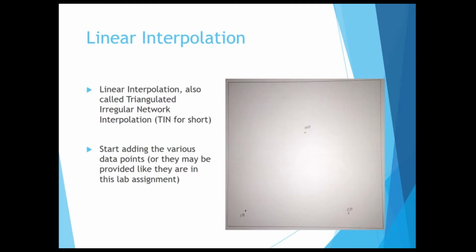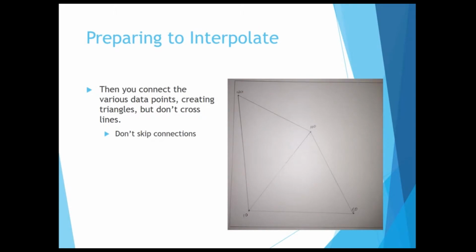So the first step is adding your data, or in the example of the lab, your data points will be given to you already on the map. Then you connect your data points, creating triangles. Never cross lines, but never leave 2 points unconnected if you can connect them without crossing a line.